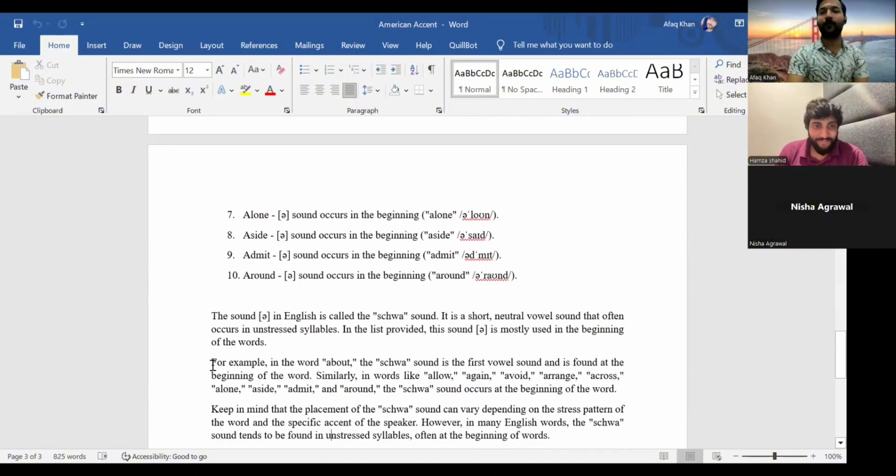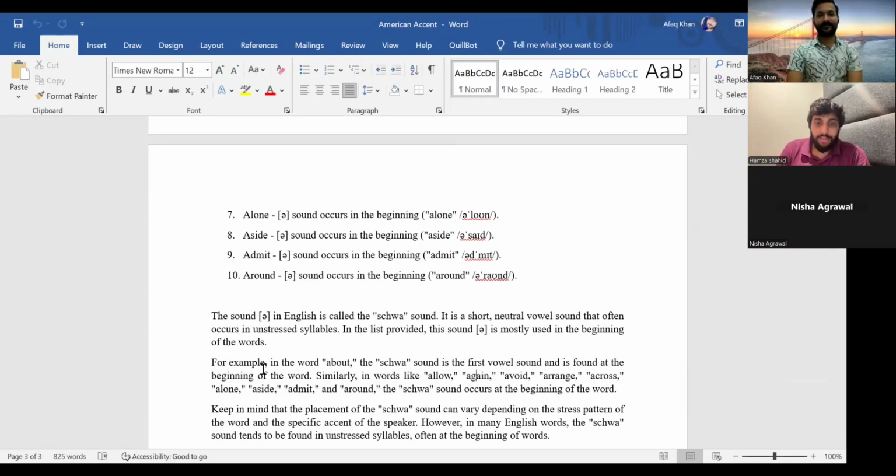Okay. Then I want you to read the second paragraph for me, please, Hamza. For example, in the word about, this schwa is the first vowel sound and is found at the beginning of the word.